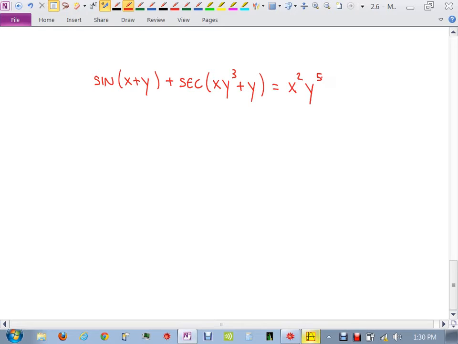Now, in a problem like this, I would probably tell you on the test, just find the derivative. Don't solve for y prime. Okay? So just do the first step of differentiation, just so I make sure you can do a derivative.